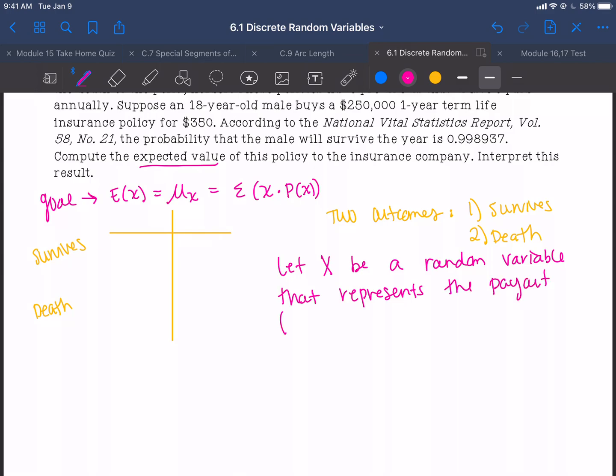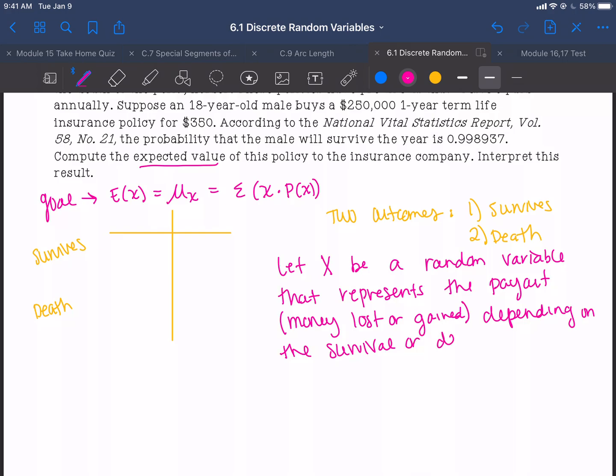So that means the insurance company either has money lost or gained. And that depends on the survival or death of the person that's assured.